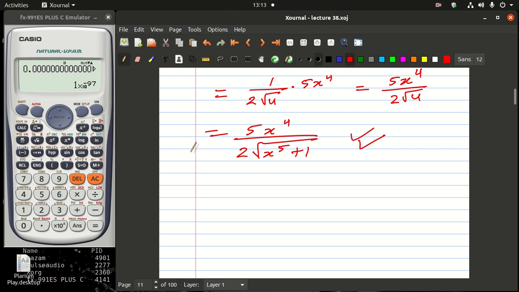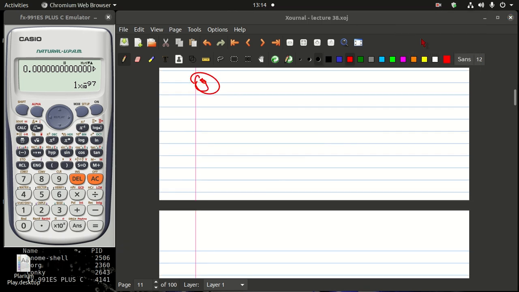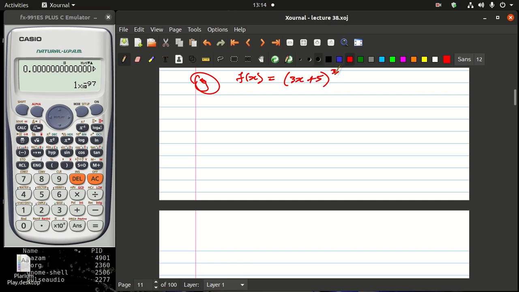Let us look now at G. What was our G? Let me look at G. So our G is saying we have f of x is equal to 3x plus 5, all raised to 3 over 2.